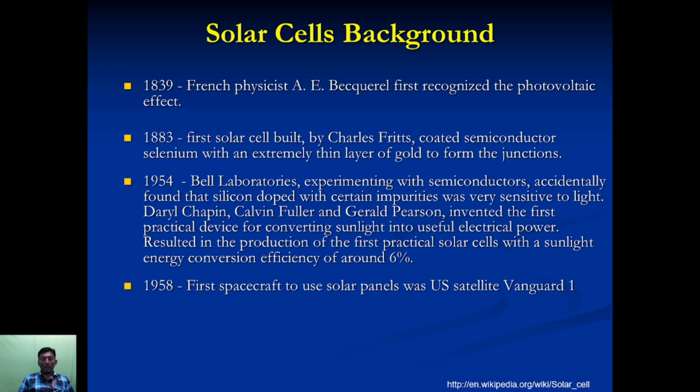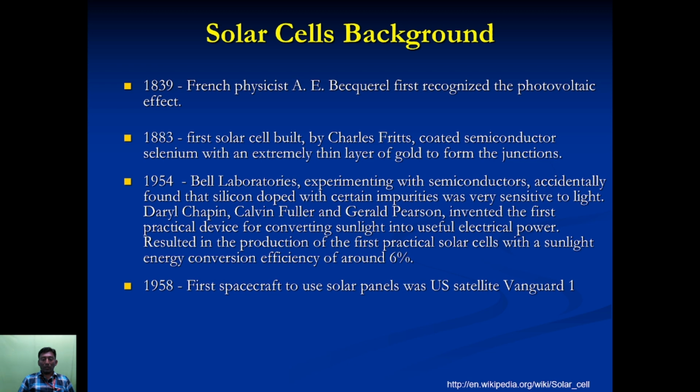In 1954 at Bell Laboratory they experimented with semiconductors, and accidentally found that silicon doped with certain impurities was very sensitive to light.